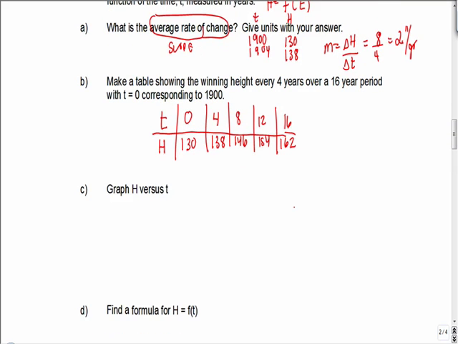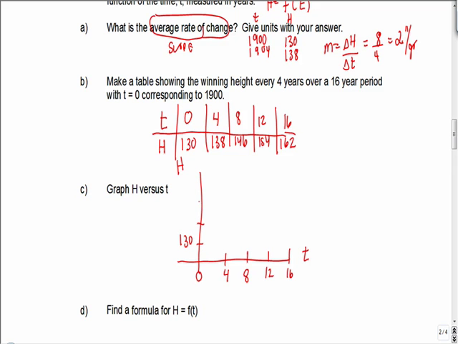And again, times in years, height is in inches. So suppose I'd like to graph this. Well, here's my time 0, 4, 8, 12, and 16. Those are my times. My heights, and I'm going to start at the 130. So I know I'm going up by 8, so I'm going to cheat a little bit.